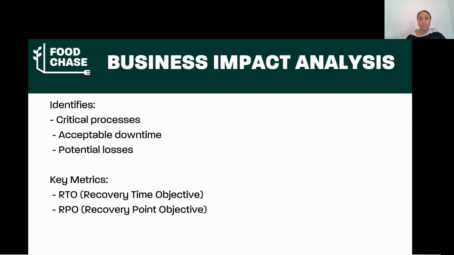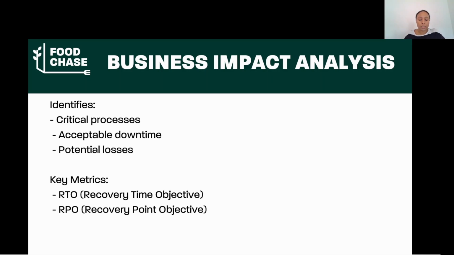So moving on. There is also a business impact analysis, which is a critical tool in crisis preparedness. It helps you identify your critical processes, the acceptable downtime, and the potential losses. Two key metrics you'll encounter in the business impact analysis are the RTO and the RPO, which are the recovery time objective and the recovery point objective.